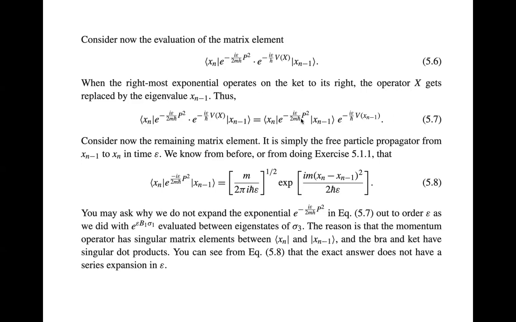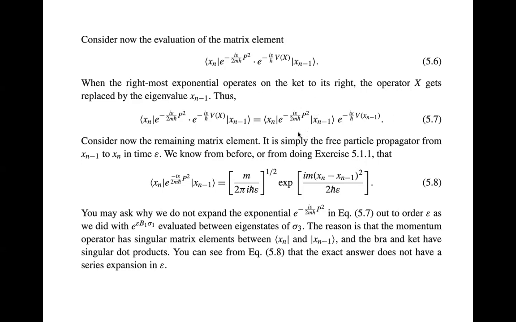So this comes to the exercise, which I would like you to do as homework. The way to do it is to insert the resolution of identity here in momentum space.